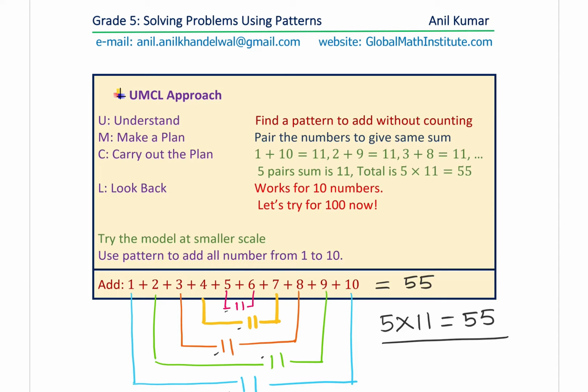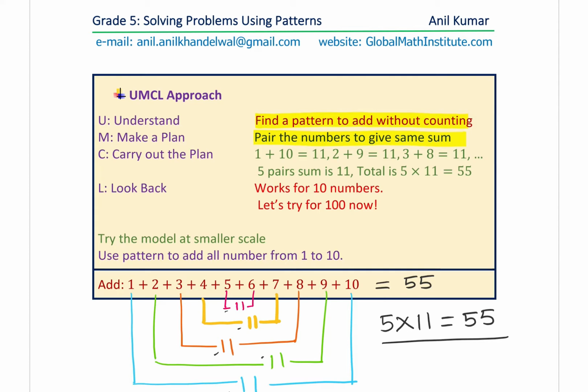Correct? So that is what the strategy is. I'm trying to explain here that we understand the question, and then we have to find a pattern to add. That is the whole idea. So our plan is to pair the numbers which give the same sum.